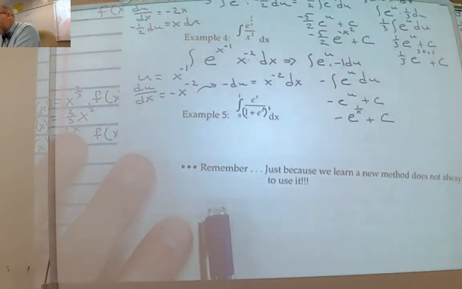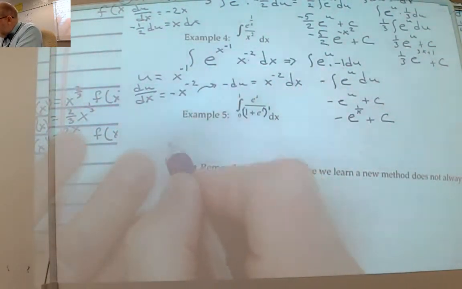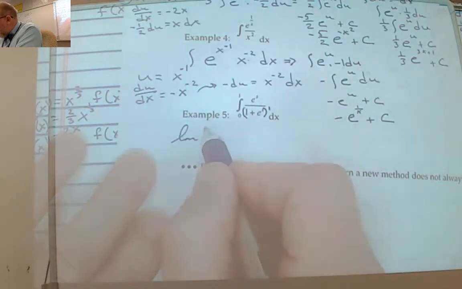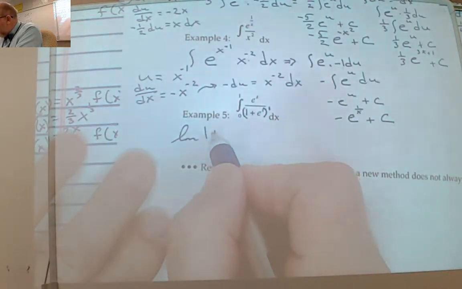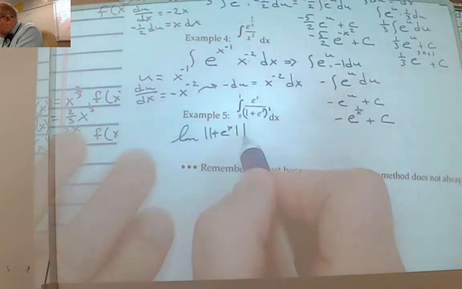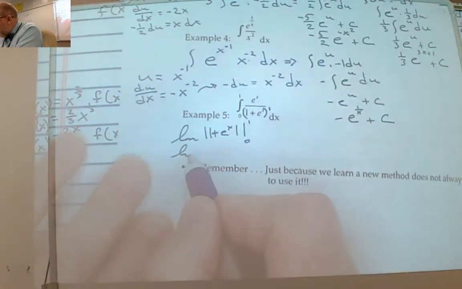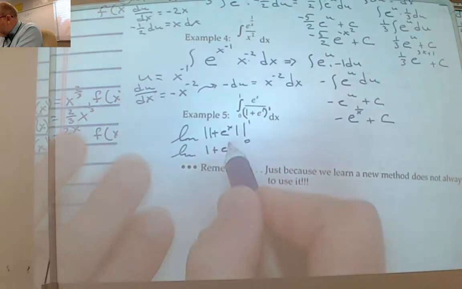Fraction, a quantity to the first power, and the derivative. The derivative of the bottom is the derivative on top. What am I thinking? The natural log of 1 plus e to the x, evaluated from 0 to 1, right? So I get the natural log of 1 plus e to the first.